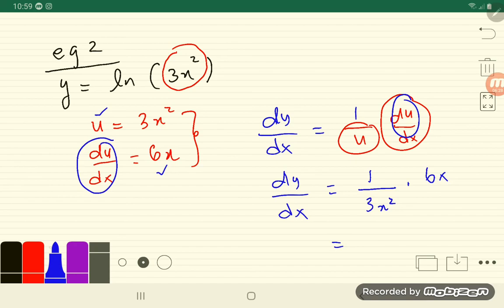If you simplify it here, 6 divided by 3 will be 2. And x divided by x to the power of 2, you get only x at the bottom. So the final answer will be 2 over x. So this is your final answer.